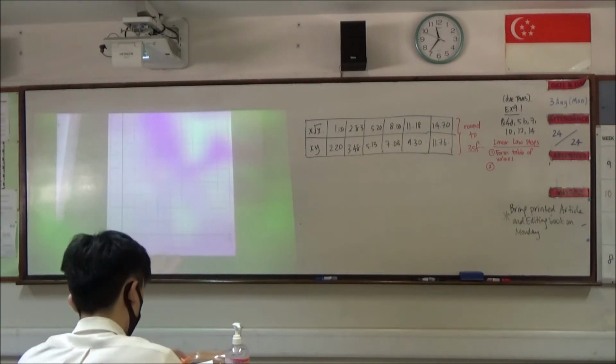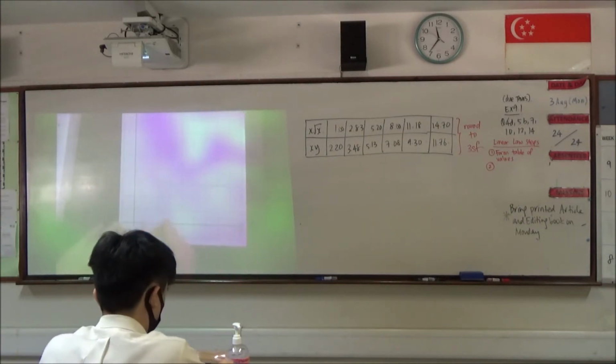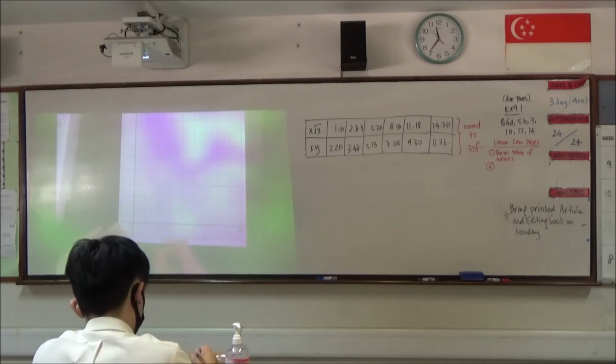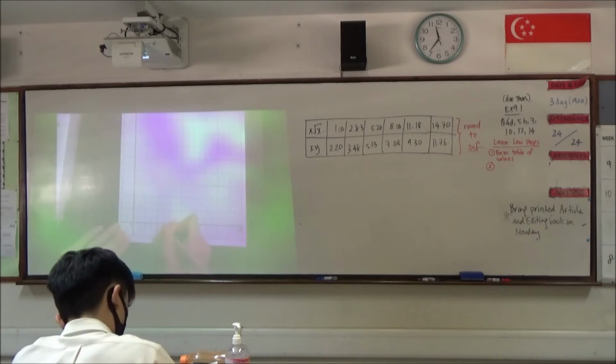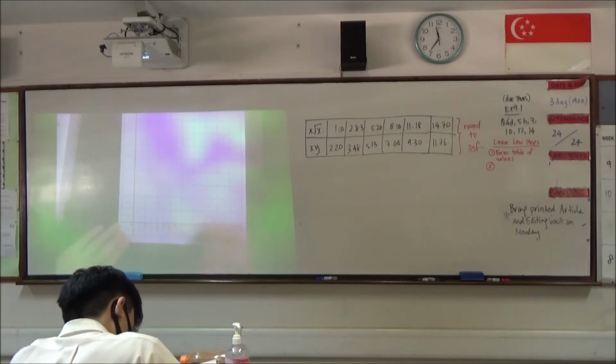Now I mark out all my points. So this is my origin 0. 1, 2, 3, 4, 5, 6, 7, 8, 9, 10, 11, 12, 14.